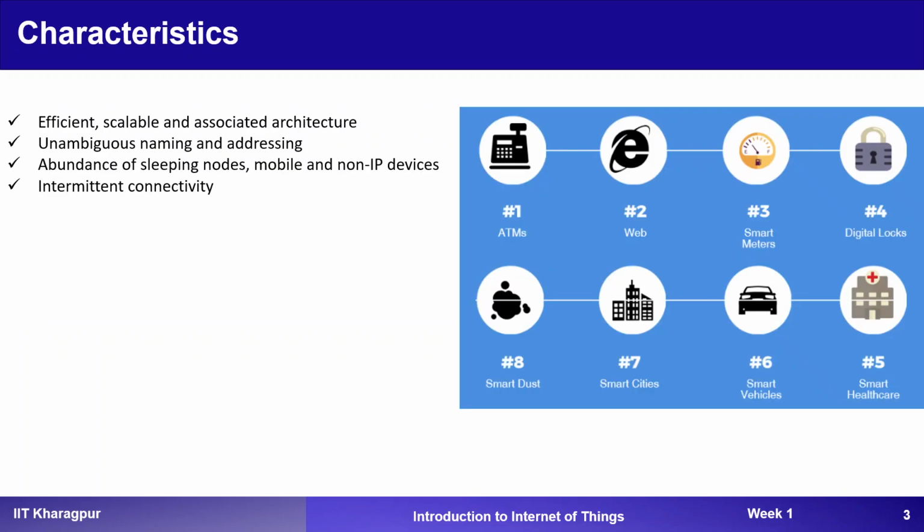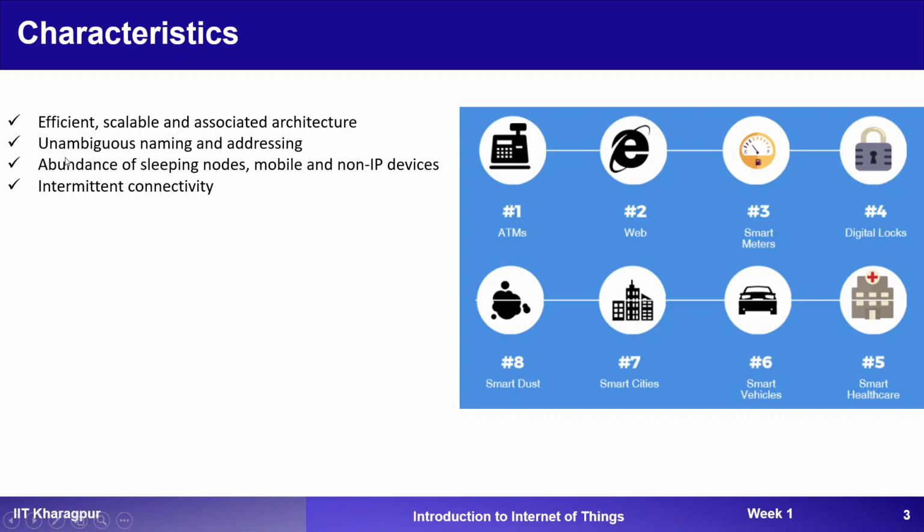Now the characteristics of Internet of Things. The first characteristic is efficient, scalable and associated architecture. In Internet of Things there are millions of devices which are interconnected with each other, and since these interconnected devices are communicating with each other and making human life easier, this makes the complete technology efficient, and all the interconnected devices are associated with each other, so the architecture is associated.